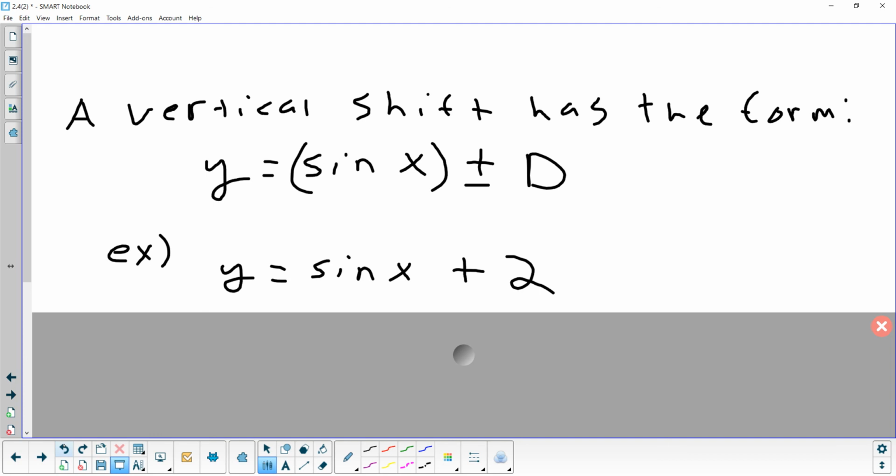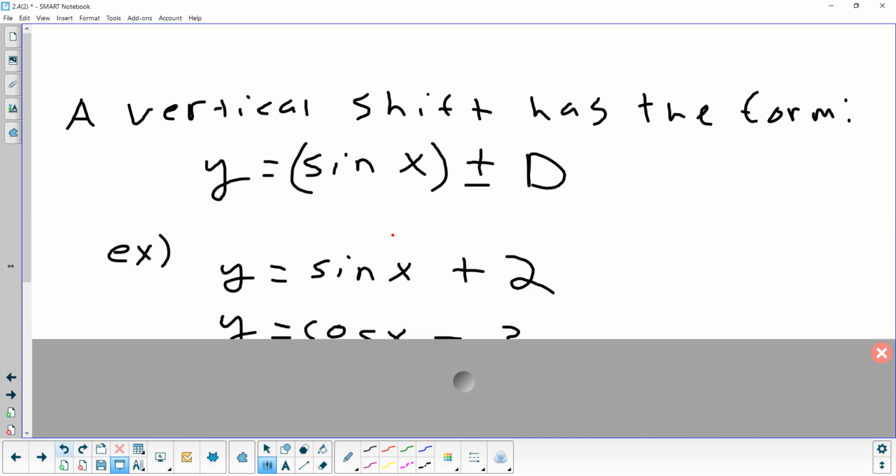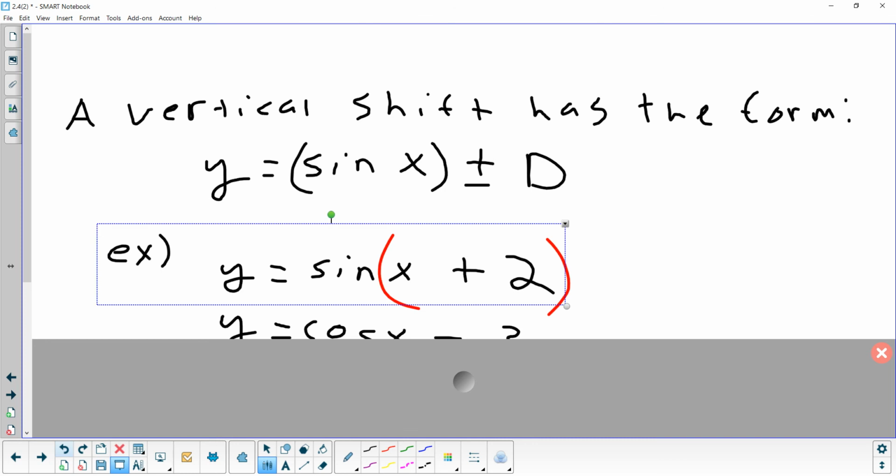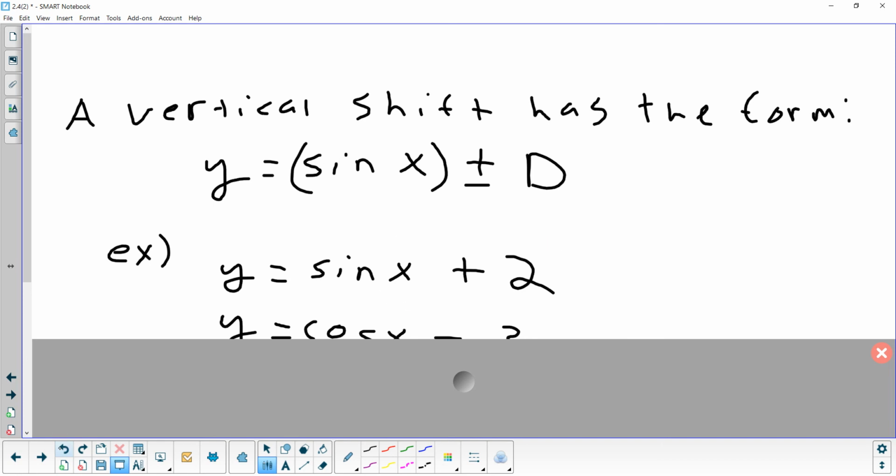So if you wanted to plug a number in for x, the order of operations would be take the sine of x, then once you get that answer, add 2. Compared to when you do something like this, that says add 2 to the number that you plug in, and then take the sine of that. Right? So it's a difference in order of operations.